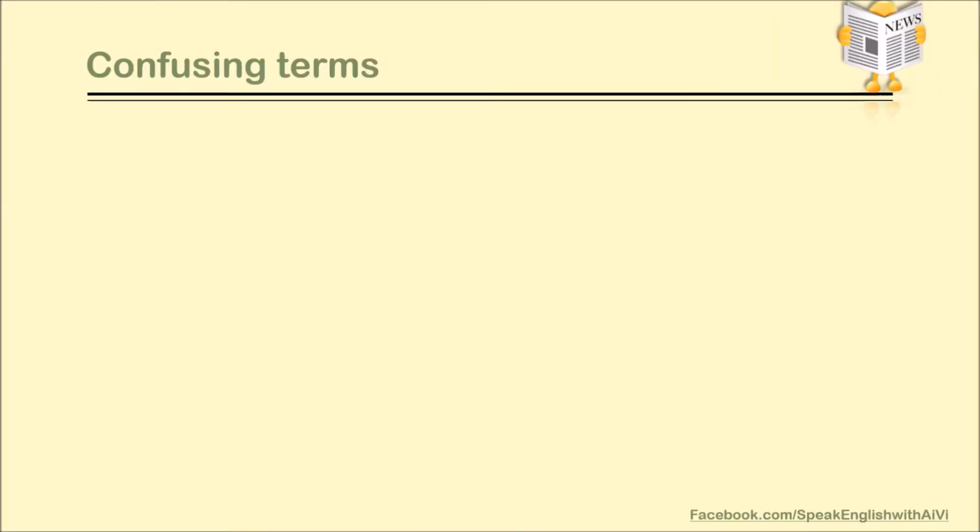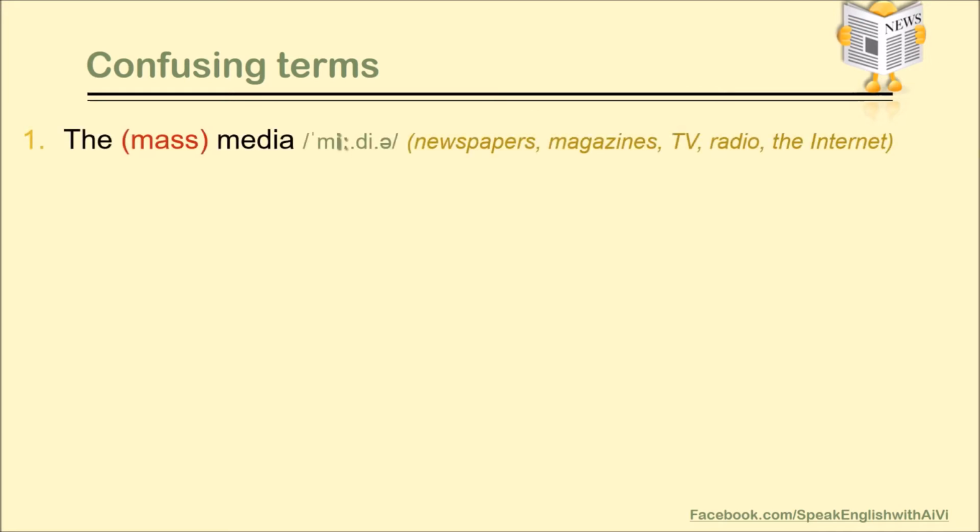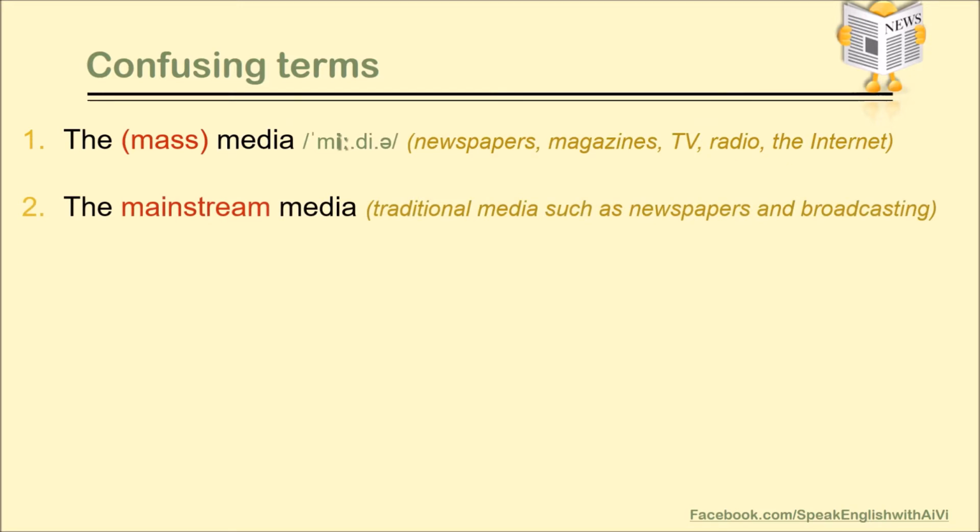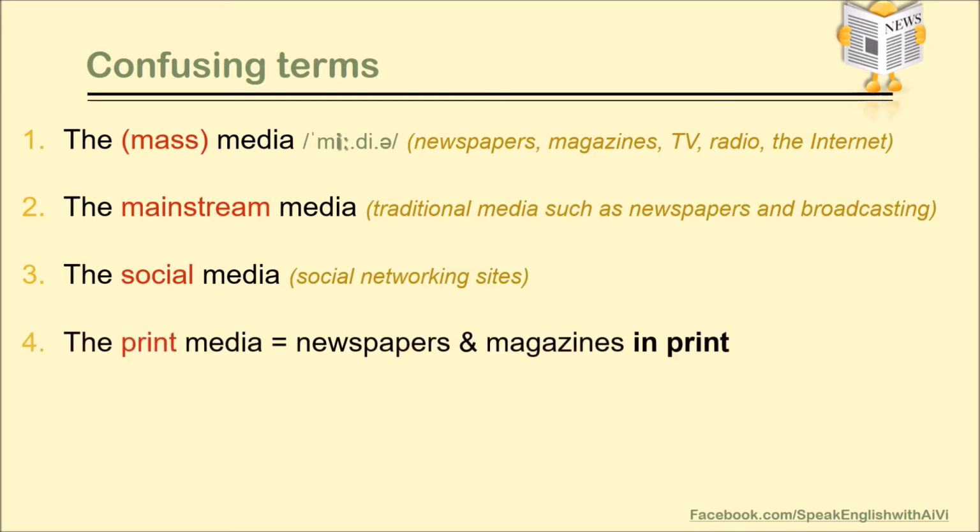Let's start by taking a look at some confusing terms. We have the mass media, the mainstream media, the social media, and the print media. Notice that we say media, not "mere". It's the long E sound, media.